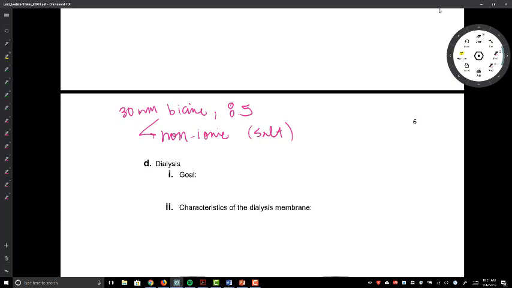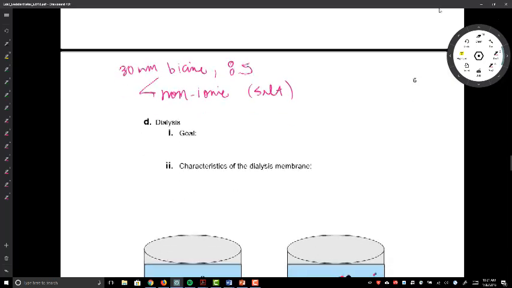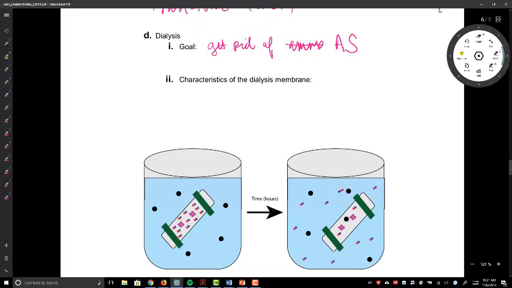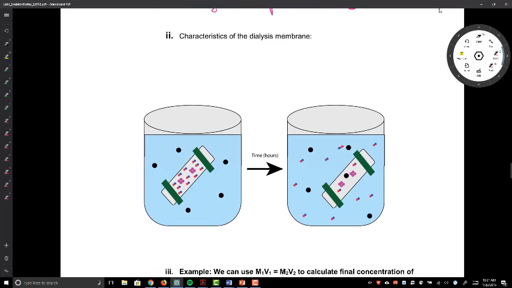We resuspend that, and then we have to dialyze. The goal of the dialysis is to get rid of the ammonium sulfate, or we'll just say the AS here. We want to get rid of all that ammonium sulfate and have a nice low salt buffered solution. The way that we do that is we take a dialysis membrane.